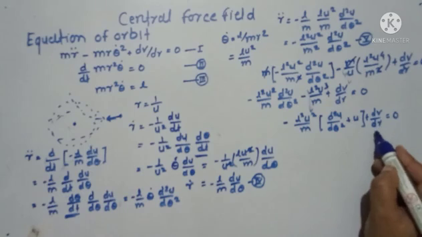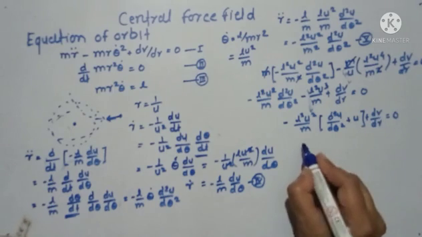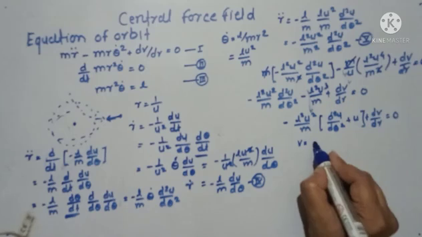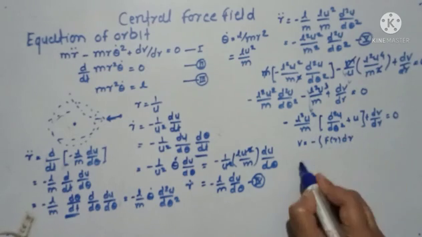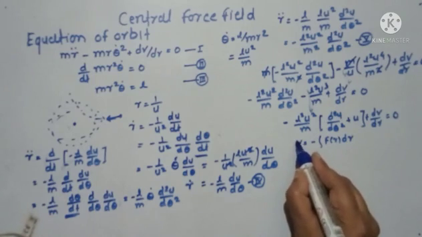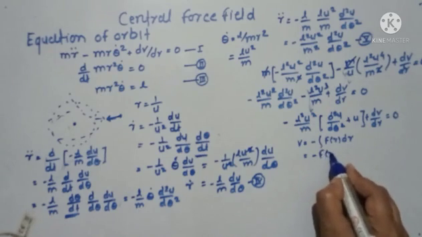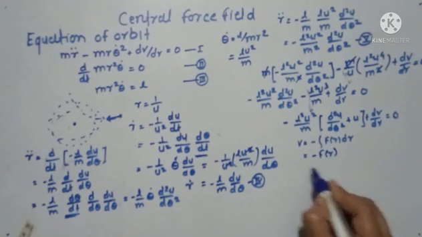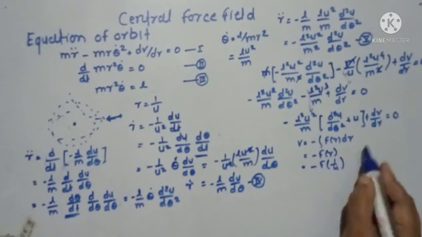Now we know that this dv by dr is related to the central force potential or the potential energy, and we can write it as v is equal to minus integration of f of r dr. So if I take the derivative, dv by dr will be equal to minus f of r, it will be minus f of 1 upon u.